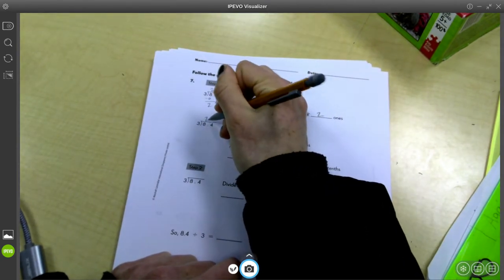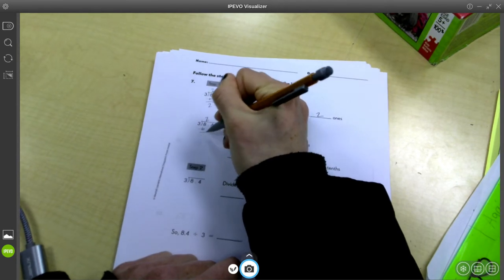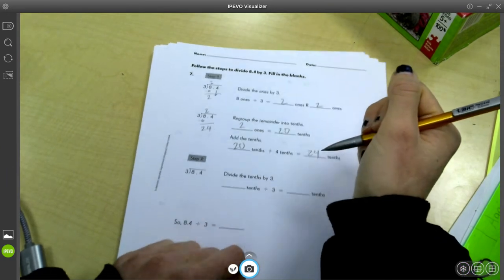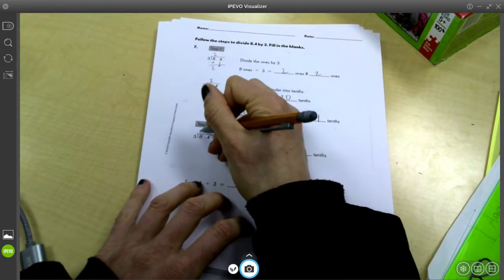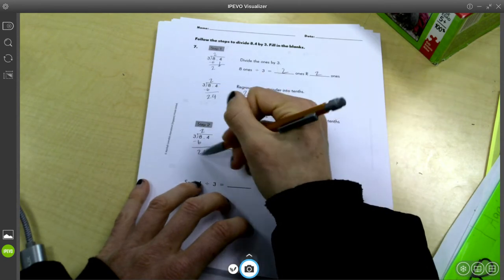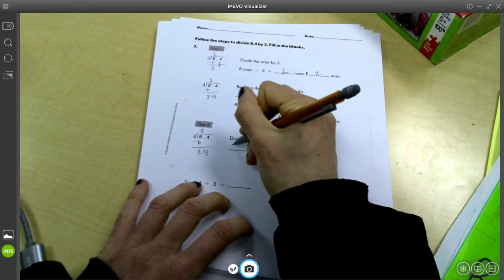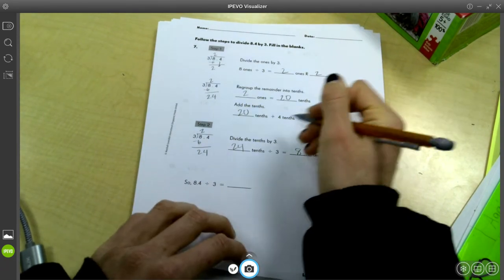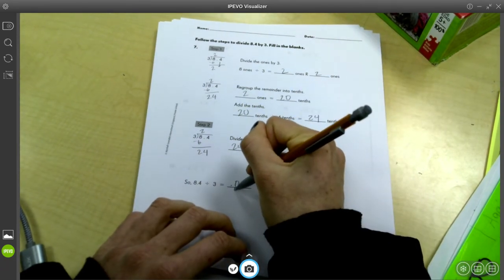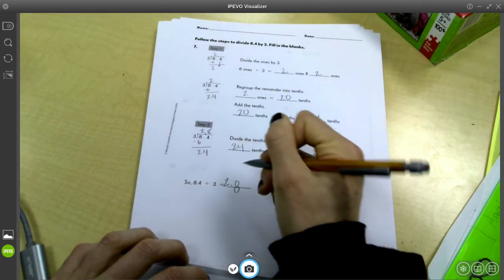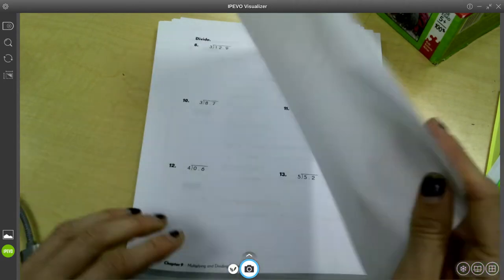So I now have 24 tenths here, right? Now I'm going to divide the tenths by 3. So here I have 24 tenths divided by 3 is 8 tenths. So 2.8. Don't forget that whole number.